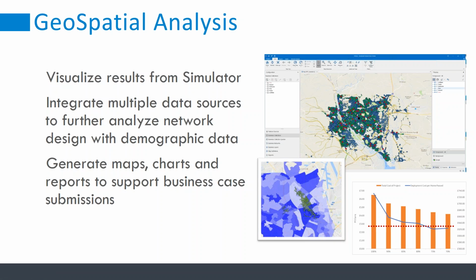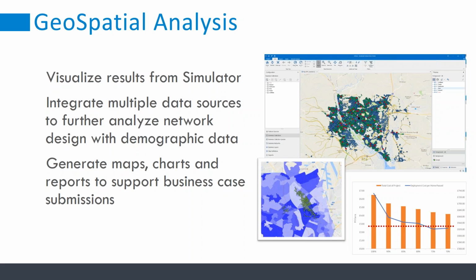So as I was saying, what we're going to see now is the results that we got from this simulation. We got the bill of materials, as Jonas was saying. We got the right architecture, but what we want to do now is to see them and enhance them with additional information. So we're going to put them on the map using geospatial analysis.